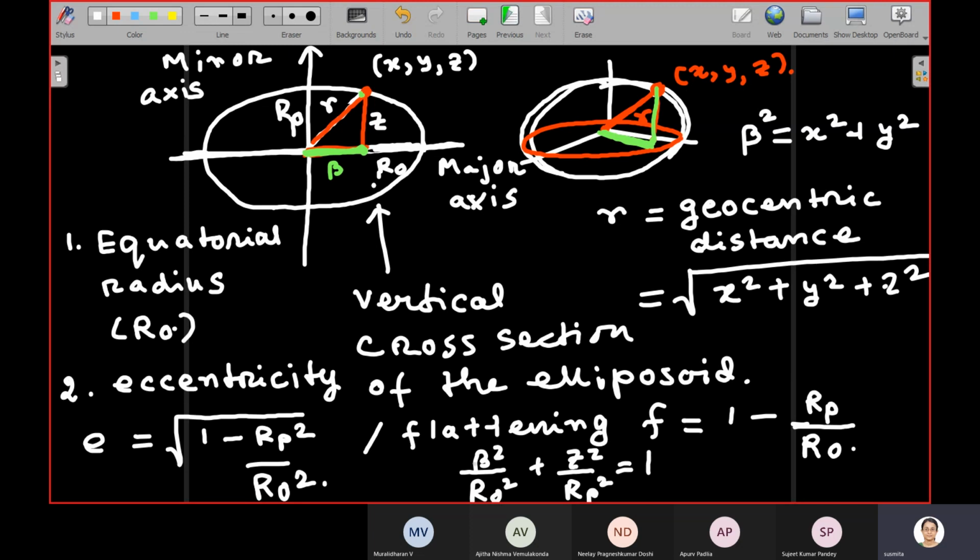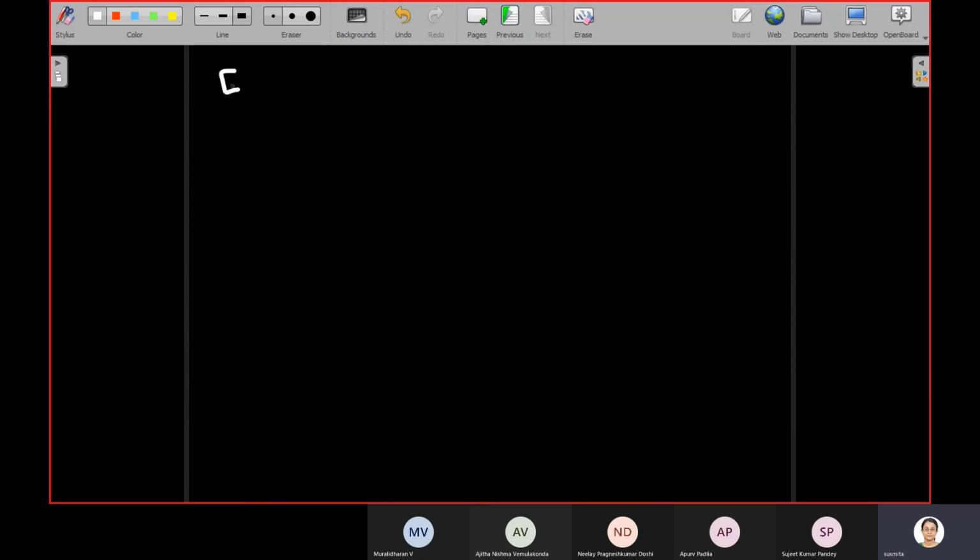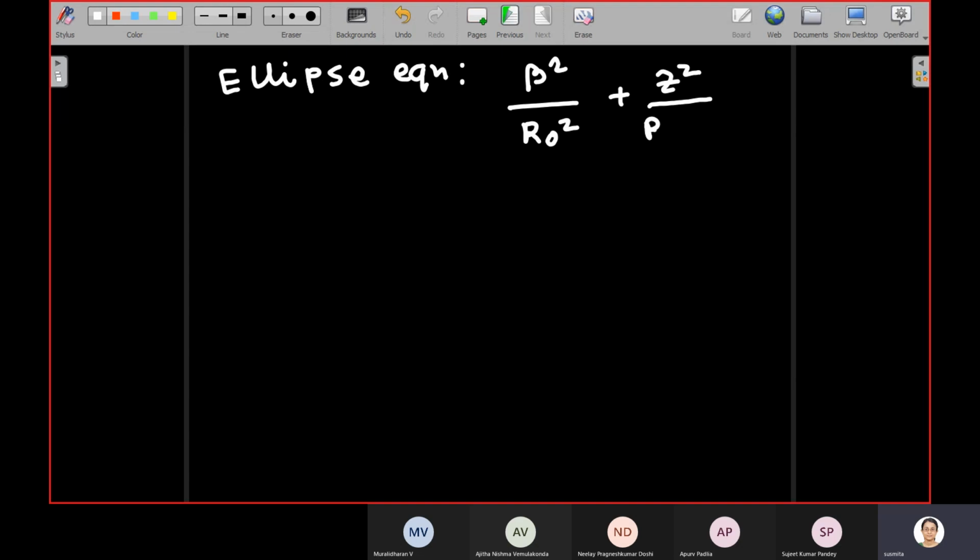Now if we replace beta with this one, what do we get? I know beta square is equal to x square plus y square.